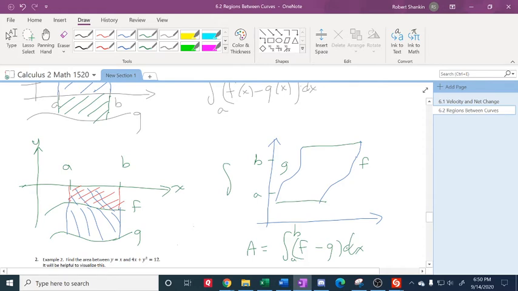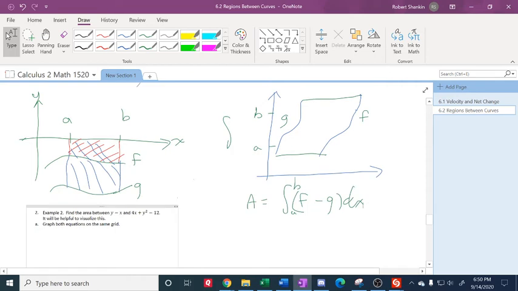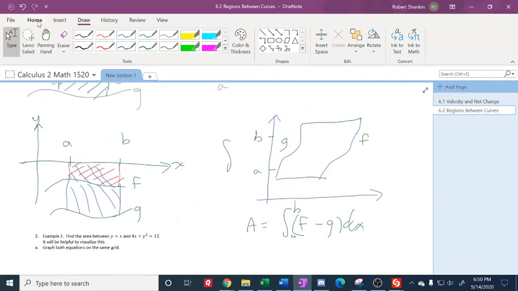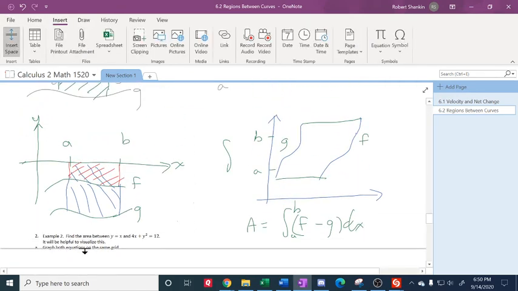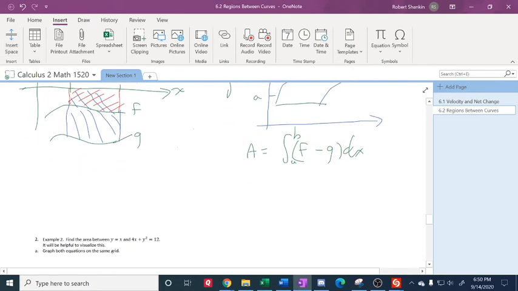And then you might ask the question, well, hey, what if there's not a clear upper and lower?